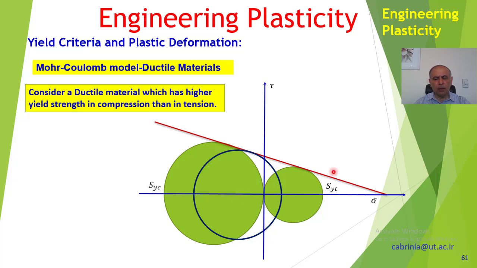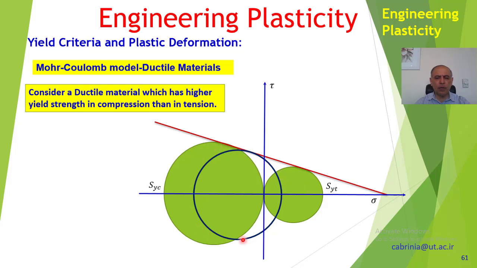Now, if I consider a loading condition which is in between these two, in other words, if I push the circle to the left and the size of the circle is that, I would be at the limit. I mean the material would be at the limit of yielding at that point. And if I push the circle to here and reduce the size, I will get the other limit, which is SYT.